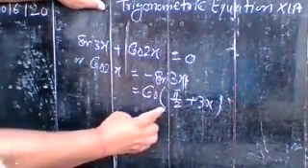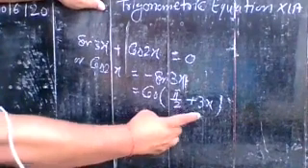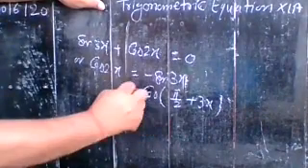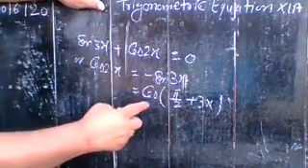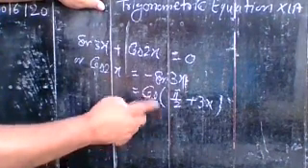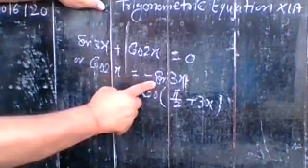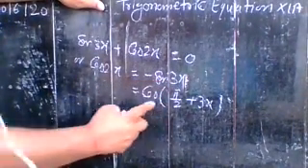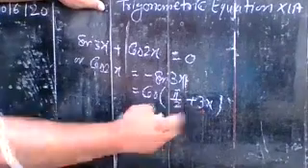If you write pi by 2 plus any angle, this cos lies in the second quadrant, and in the second quadrant its sign is negative, and due to pi by 2, cos changes into sine, and you will have the same answer, minus sine 3x. So minus sine 3x can be written as cos of pi by 2 plus 3x.